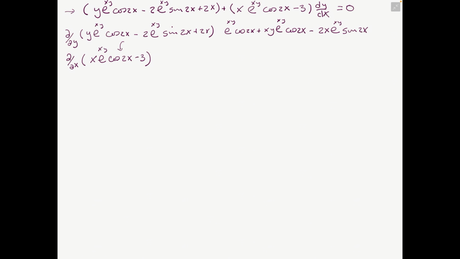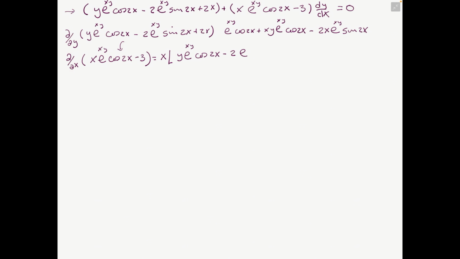Now this term, the partial with respect to x of x e to the xy cosine 2x, we got three variables there, minus 3 right there. So this is going to be interesting.